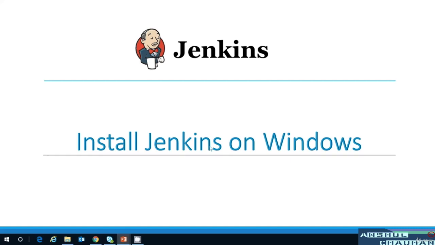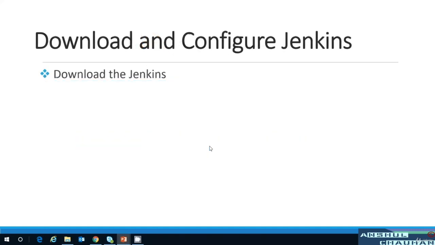And today we will discuss how we can install Jenkins on Windows, right? So let's start. We will download and configure Jenkins on our Windows machine. In this particular lecture, we will go through these few things. First, we will download Jenkins. Then we will talk about the prerequisite to start the Jenkins service on Windows.